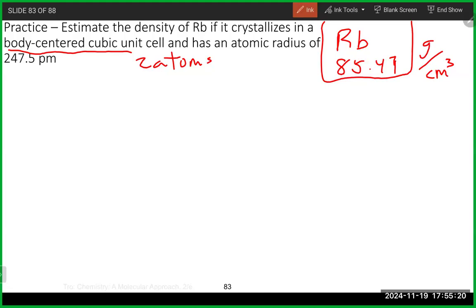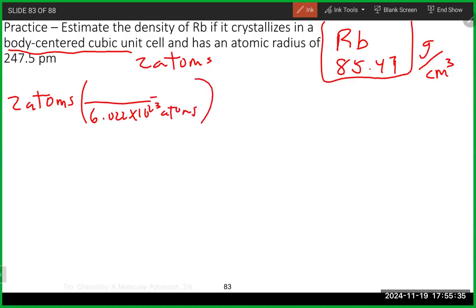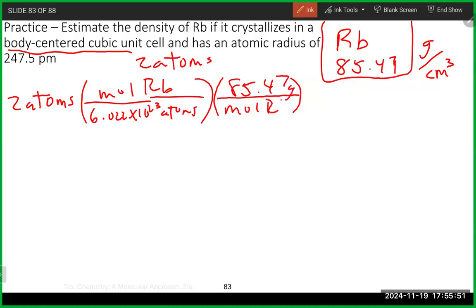So we'll do our calculation here, our two atoms. We once again will use Avogadro's number, 6.022 times 10 to the 23 atoms per mole of rubidium. We could then use the molar mass from the periodic table to take us to grams, which is what we need, 85.47 grams per mole of Rb.